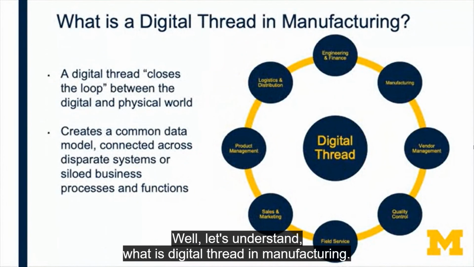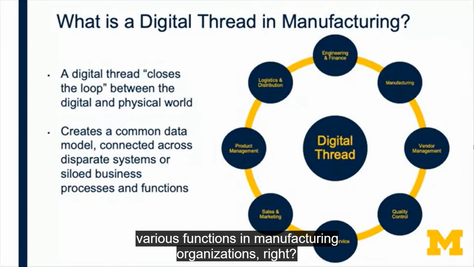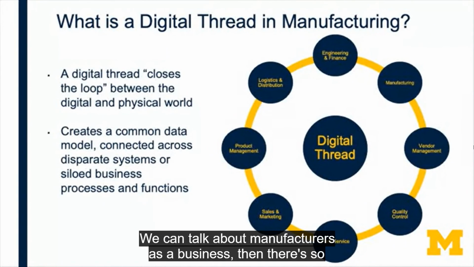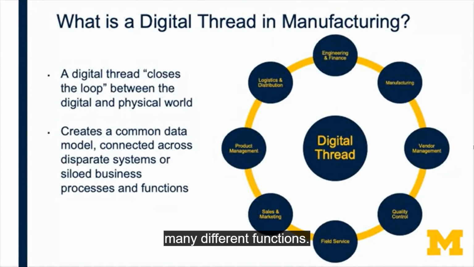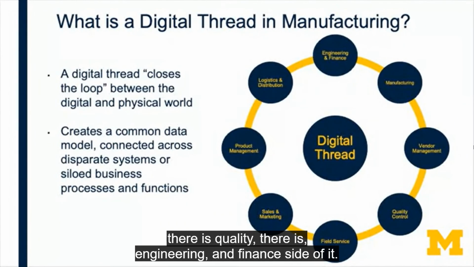Well, let's understand what is digital thread in manufacturing. Digital thread is an attempt to build a seamless integration across various functions in a manufacturing organization, right? We can talk about manufacturers as a business, then there are so many different functions, and manufacturing is just one of the pieces that they do. There is vendor management, there is quality, there is engineering, and finance, who actually contribute to design of the product.